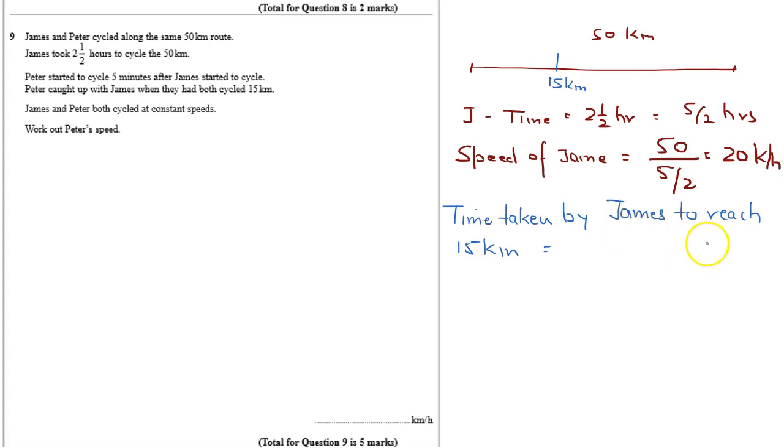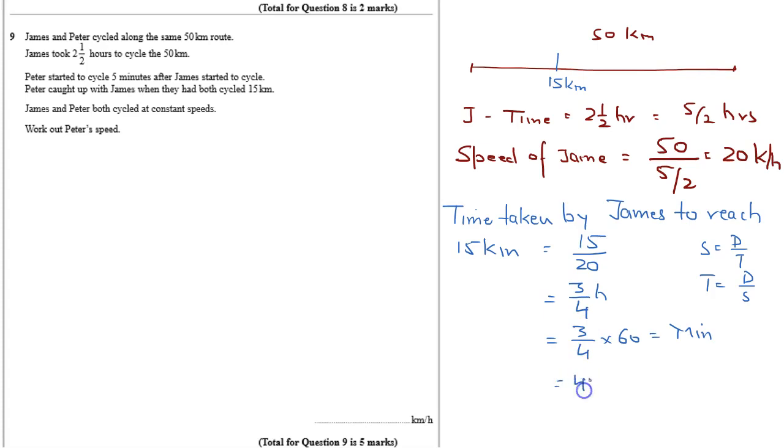So we have, the speed is equal to distance over time. So time will be distance over speed. So distance is 15 over speed is 20. So that is 3 over 4 hours. So that is 3 over 4 multiply 60. This is hour, so this is minutes. 15 times 3 is 45 minutes.